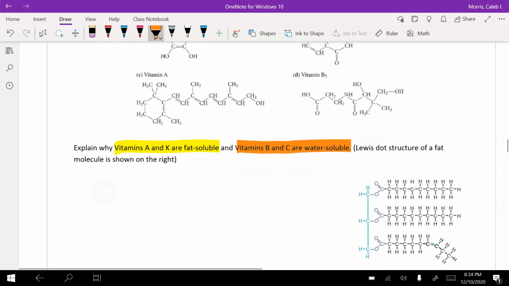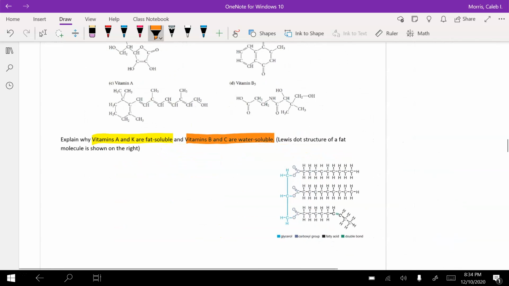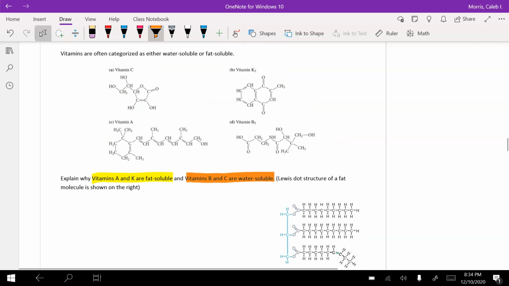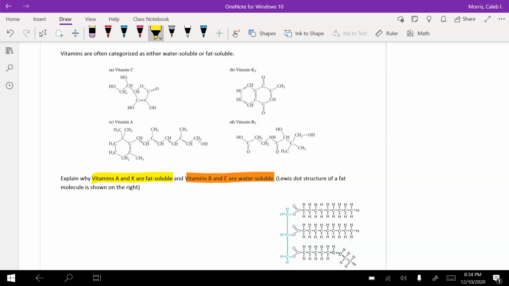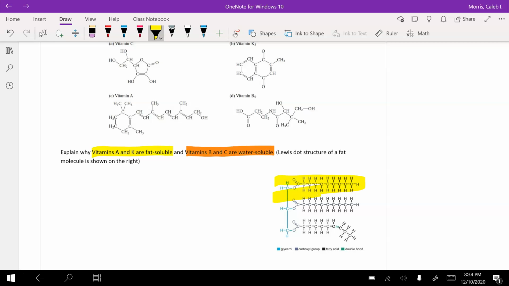We've got our Lewis-Dot structures of a fat molecule shown down below. So fat-soluble vitamins should be soluble in something like this. You can see that this is mostly nonpolar.